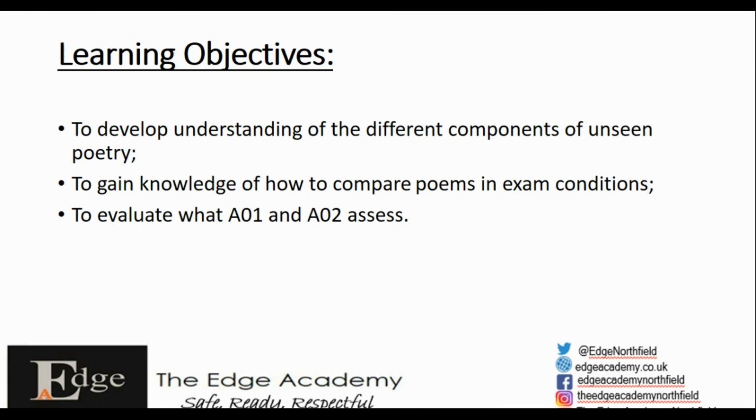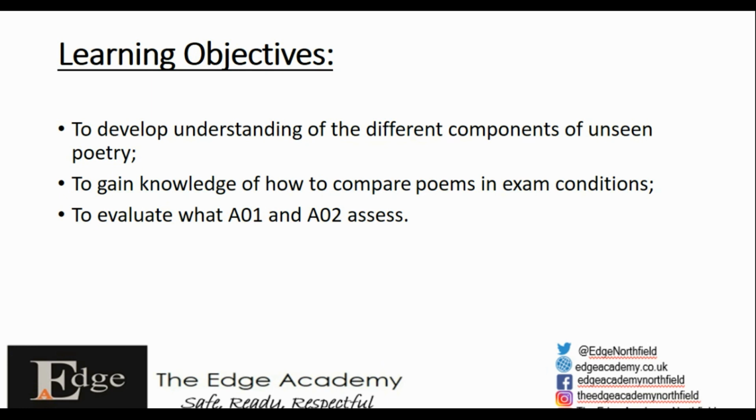So I hope that you've managed to spend a good 15 minutes answering that question there. So if we just go back over the learning objectives today, I wanted you to develop your understanding of the different components of the unseen poetry exam, knowing that you have 24 marks for the first question and 8 for the second question.